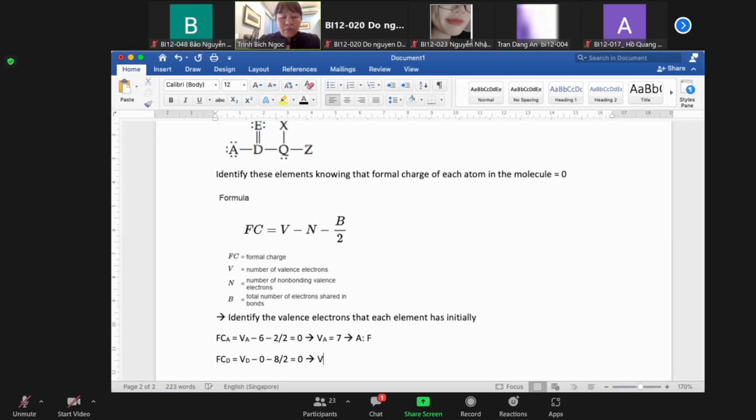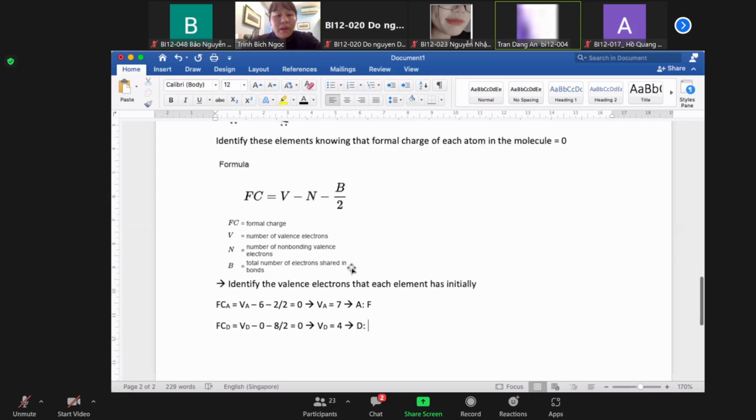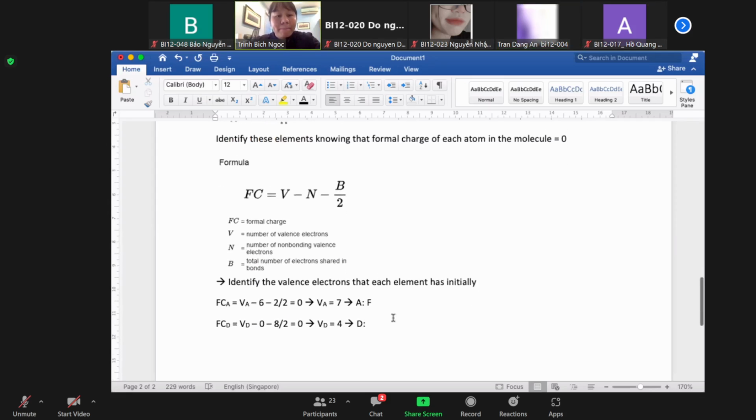So V_D will be 4, and the element is carbon.